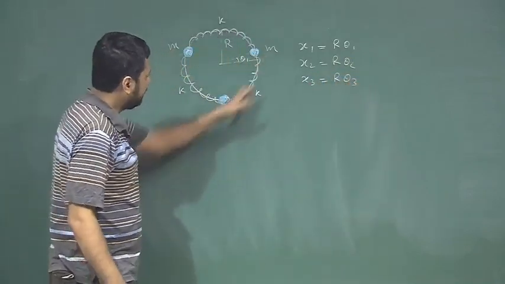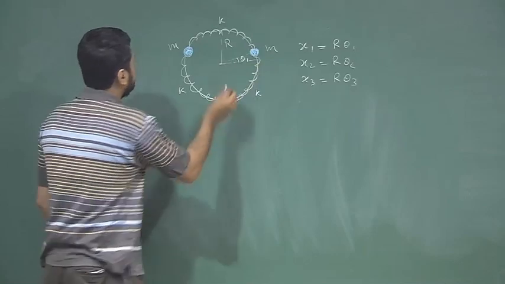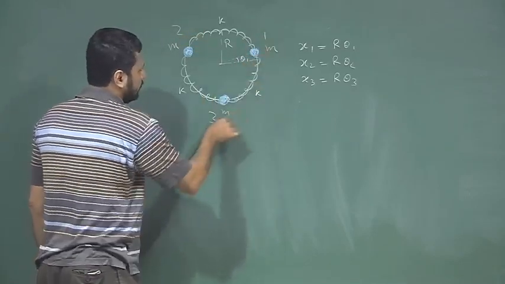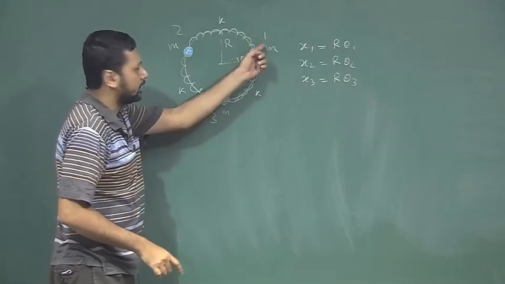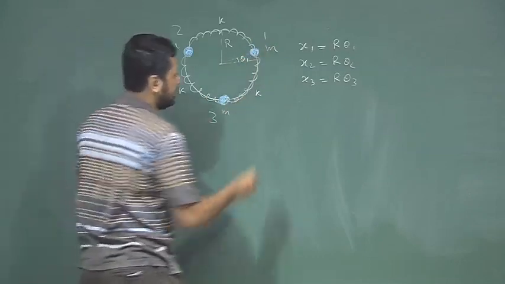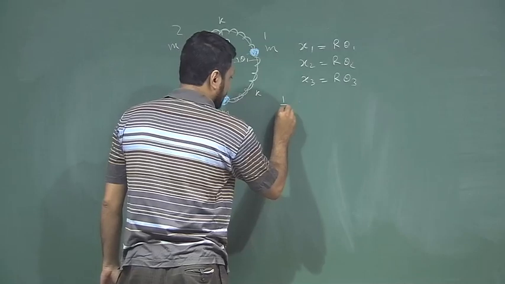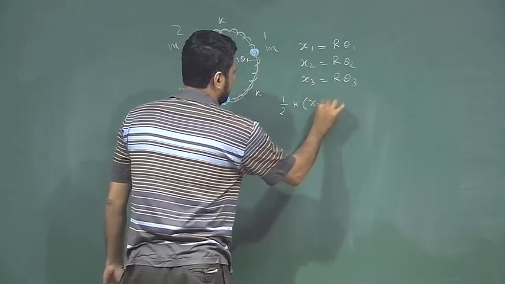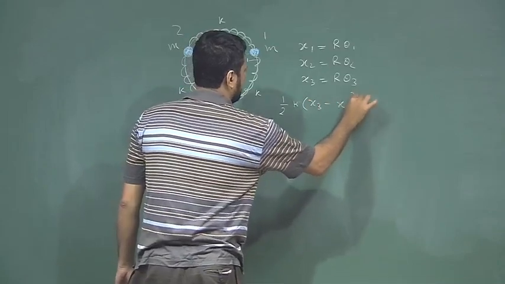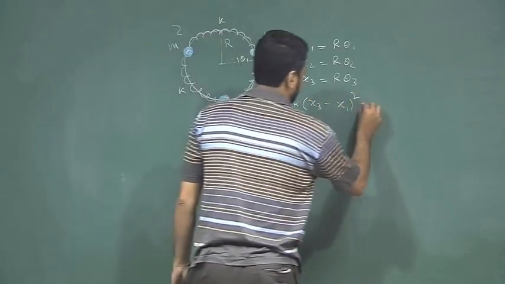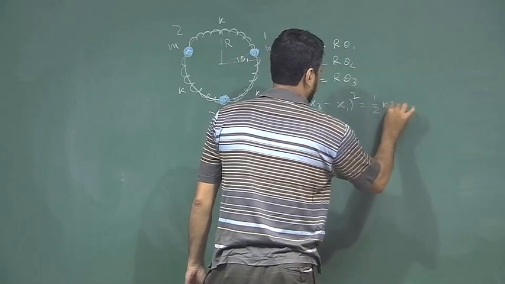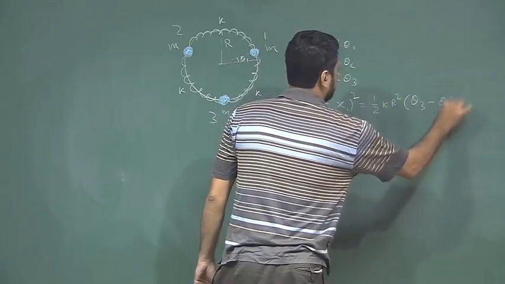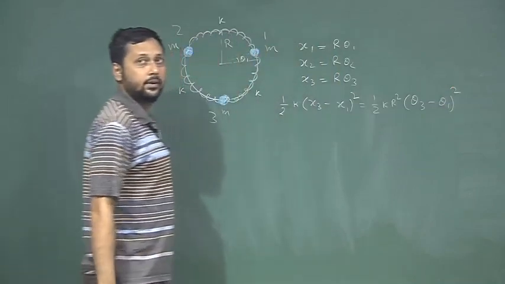So, for this spring, let us say the springs are 1, 2 and 3. The spring that connects 1 and 3, for that the potential energy expression will be half k x3 minus x1 squared, which will translate to half k r squared theta 3 minus theta 1 squared, right.